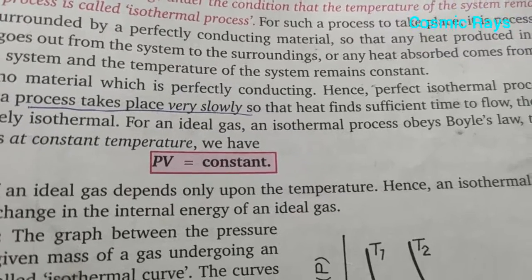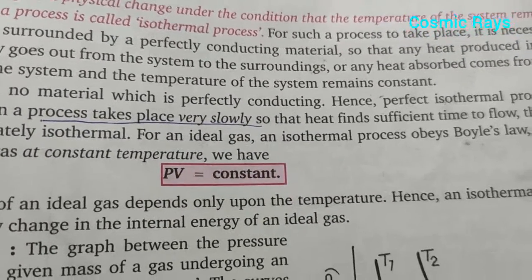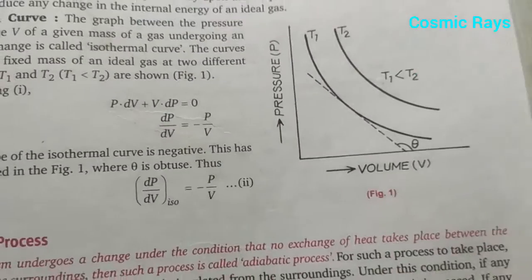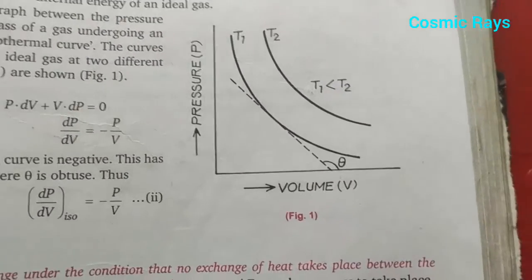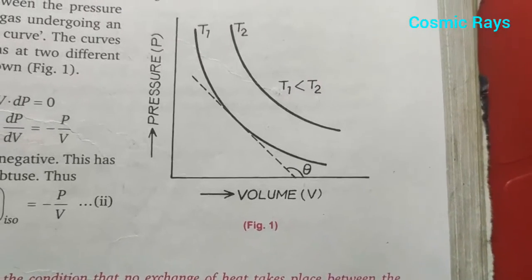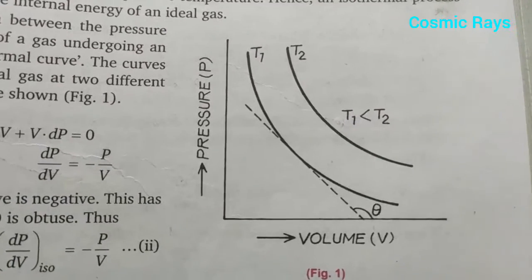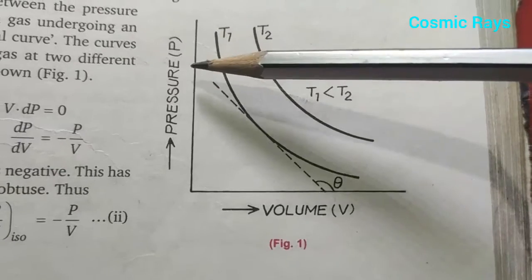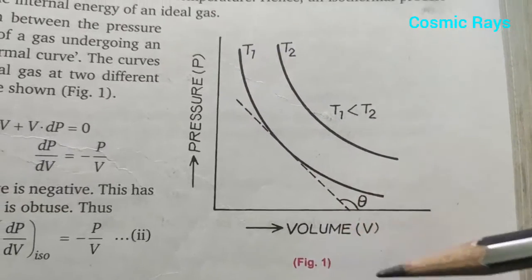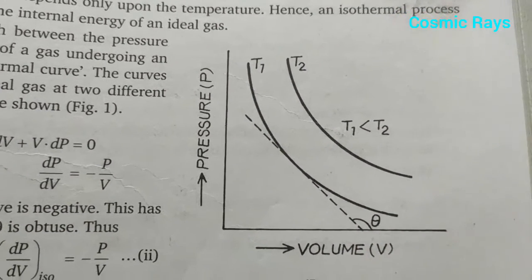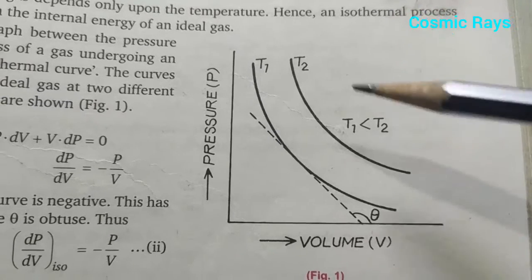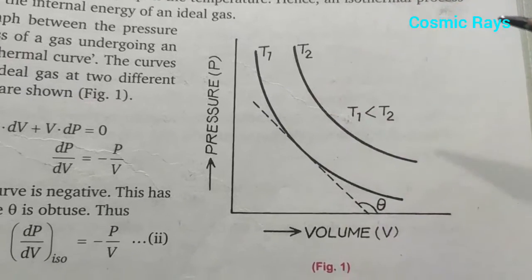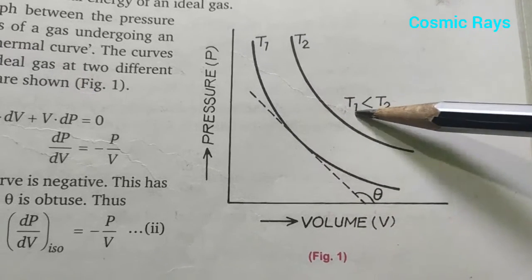Now, when we plot a graph between pressure and volume for the isothermal process, that graph will be known as the isothermal curve. We plot the graph for two different temperatures, where T2 is greater than T1.